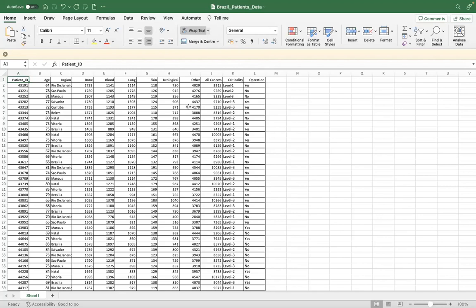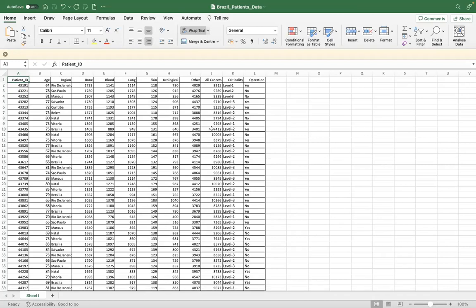So 70% of the patients were okay to provide the medical records, and 30% maybe not, but their age information, the area they belong to, the bone condition, their blood condition, their lung condition, skin condition, the urological condition, and some other factors amalgamated all together were affected as well.